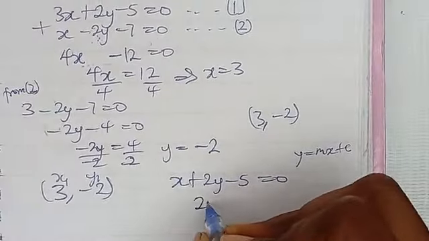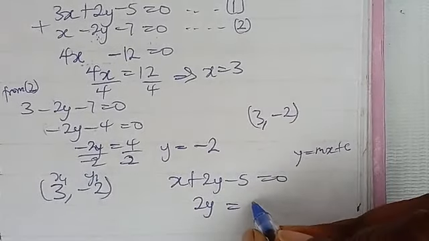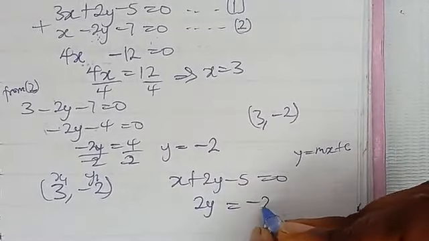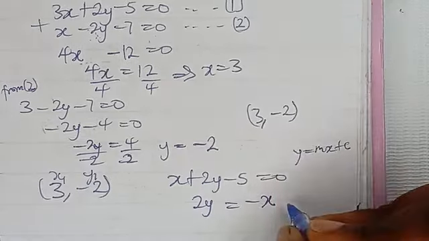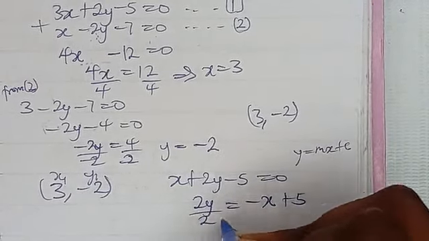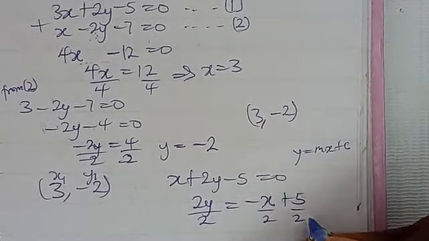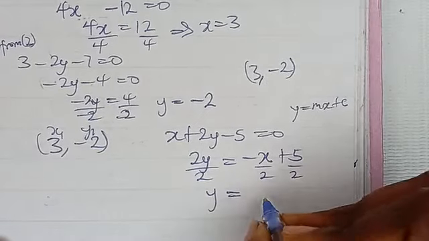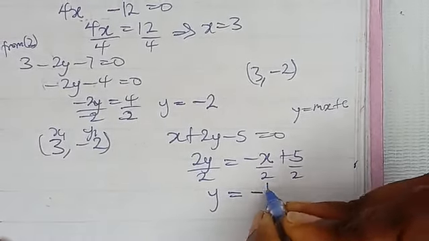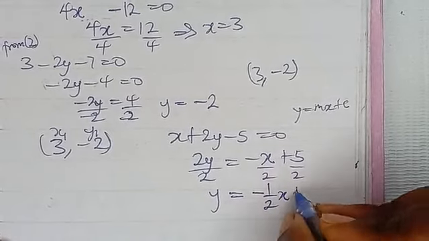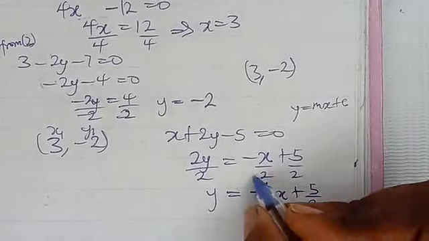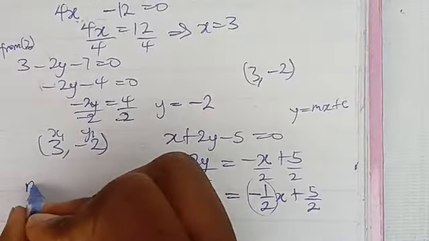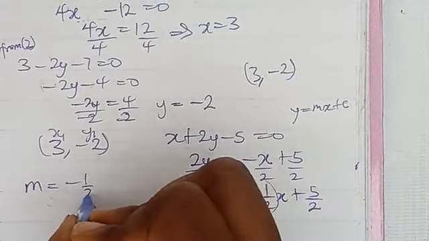We have 2y = -x + 5. We divide all sides by 2. We have y = -1/2 x + 5/2. So this is the gradient of this line, m = -1/2.